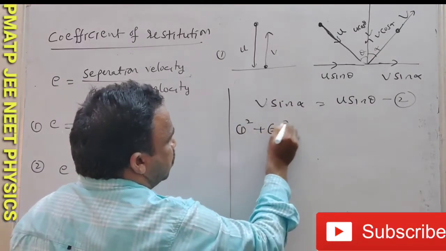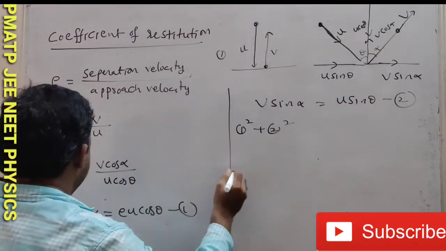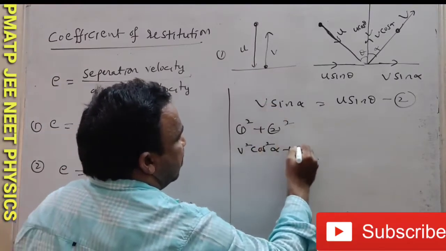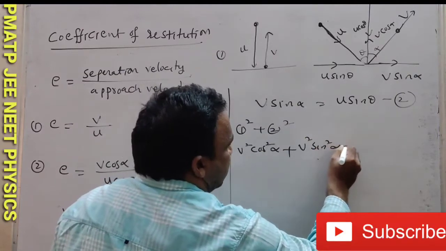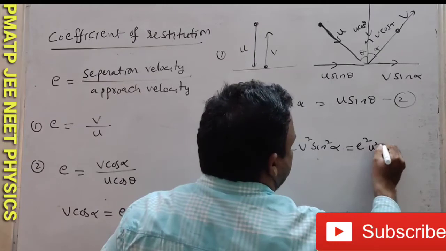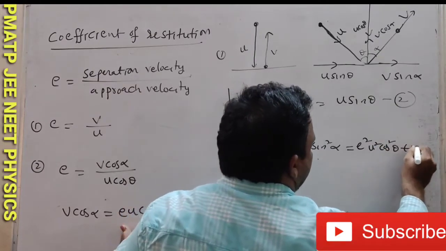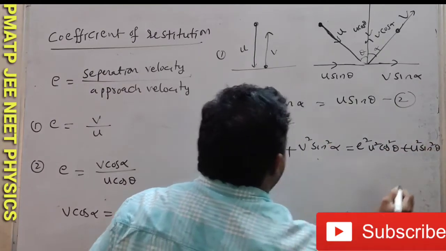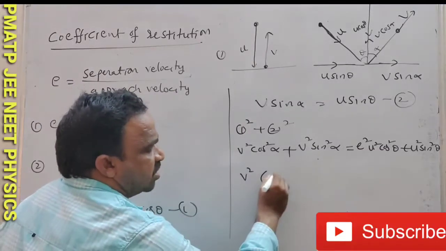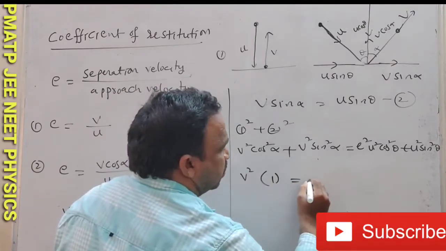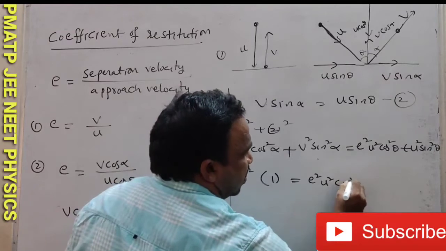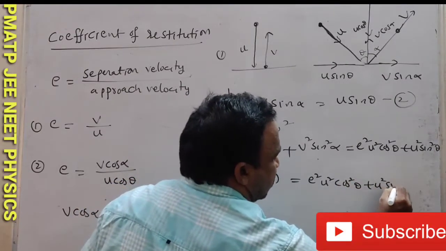1 square plus 2 square, do it. Then what happens? v square cos square alpha plus v square sin square alpha is equal to e square u square cos square theta plus u square sin square theta.